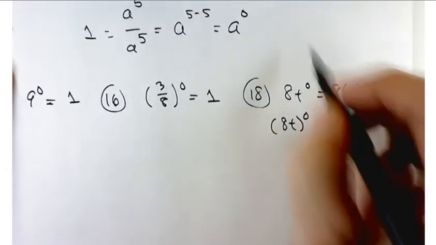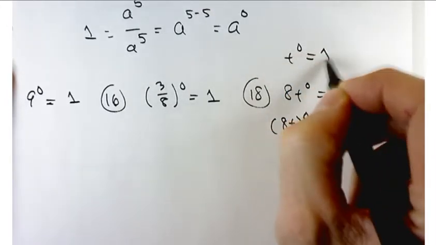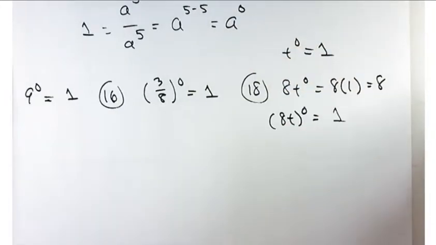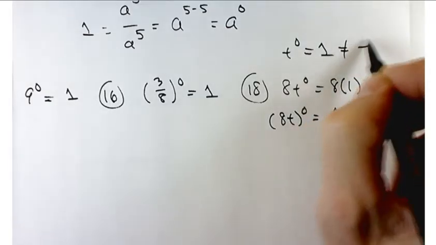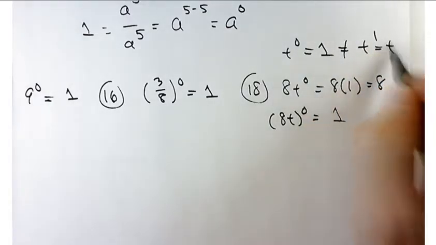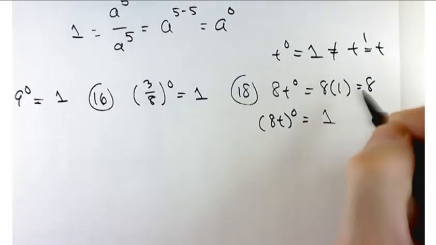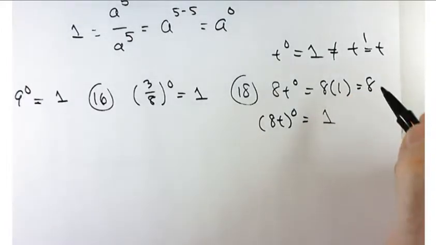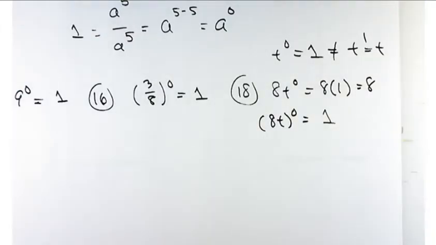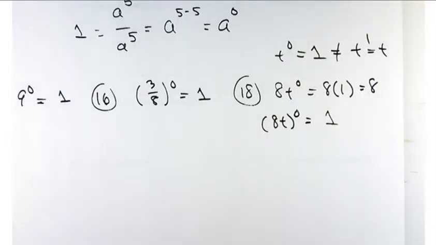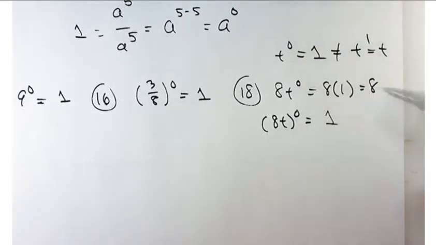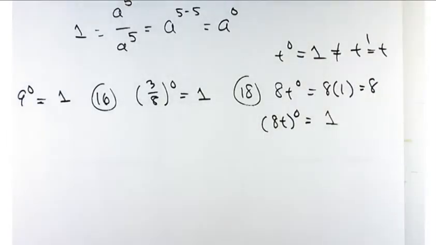Anything to the 0 power is 1. So t to the 0 gets replaced by 1, not t. That's different than t to the first power, or just t. So, good question. If that was a 1, then yeah, I'd have 8t. Anything else on this one? Good. So you're ready for this one? You've got warning. I'm not trying to trick you. I'm just trying to see if you understand the difference there.